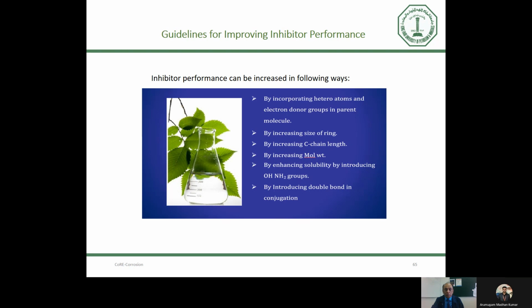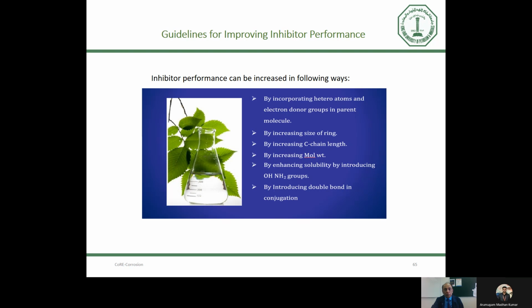We can also increase the performance by increasing the size of the ring, by increasing the carbon chain length, by increasing the molecular weight, by enhancing the solubility, by introducing OH and NH2 groups, and by introducing double bonds in conjugation.